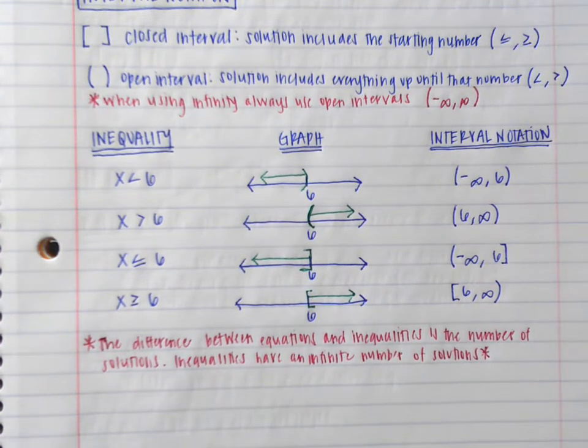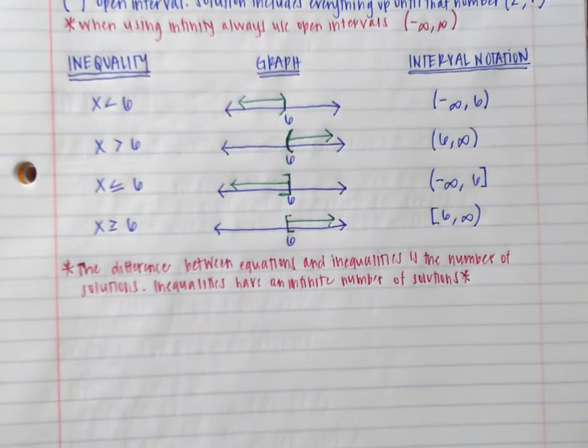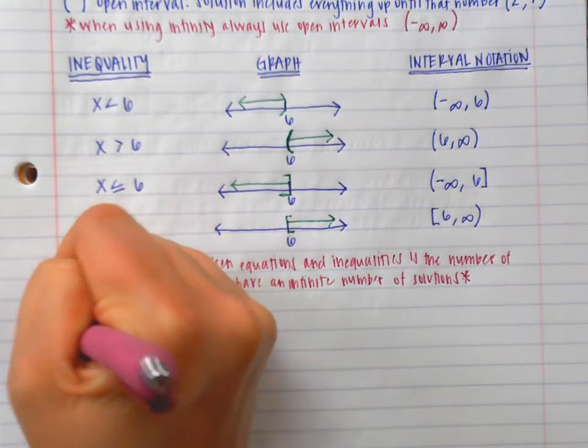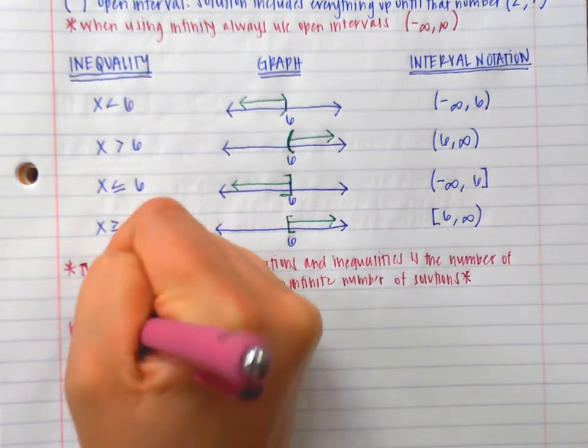Now, before we get into examples, let's talk about our last most important thing about remembering solving inequalities. It's like the golden rule of inequalities, one of the most important things that you guys cannot forget with solving inequalities. So let's write that one out.